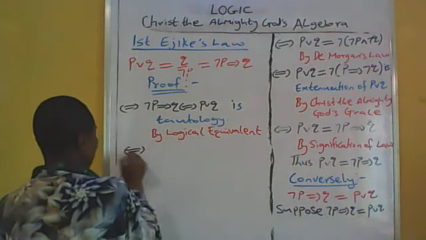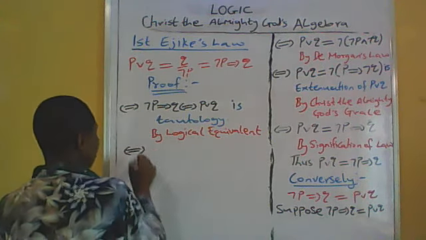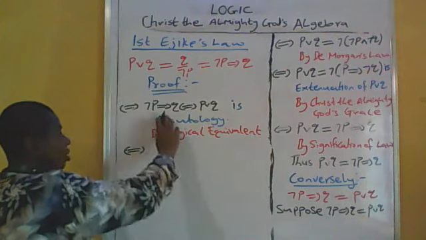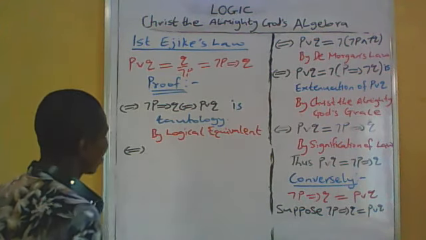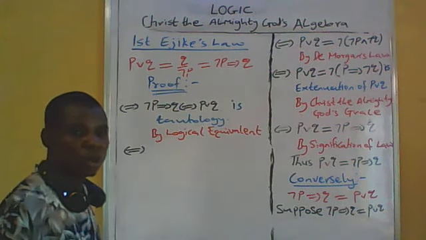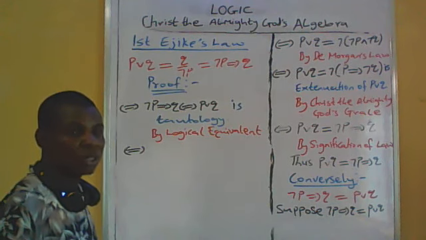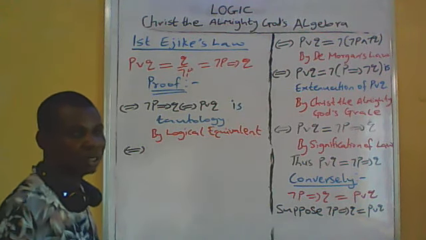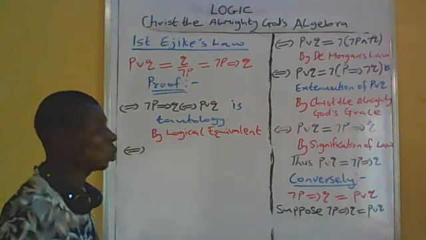If and only if. Now, since this statement is a biconditional statement and a tautology, we are also going to transform it to a conditional statement, and it will still preserve the tautology.